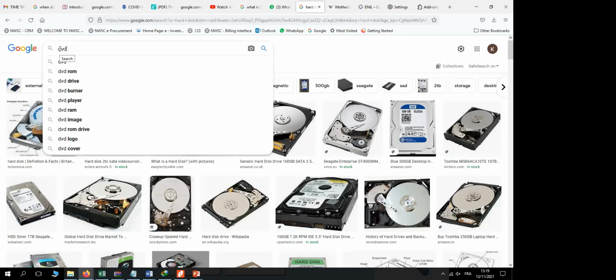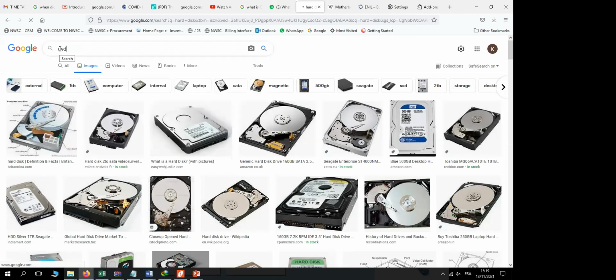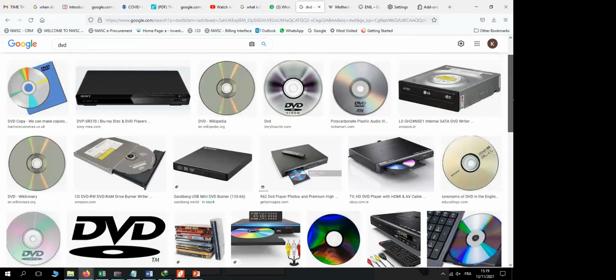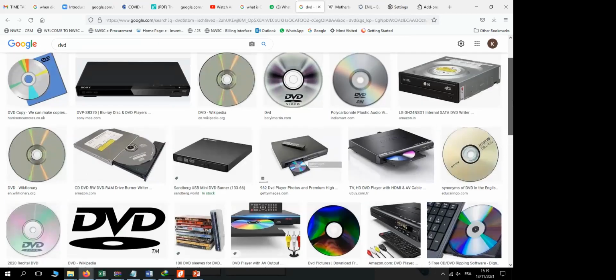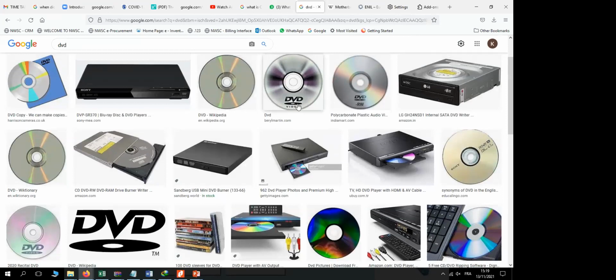How do you differentiate between the two? They are always labeled, okay? Just like what you are seeing on the screen right now, it's reading DVD, it's even labeled. And in most cases, even the manufacturer, you will be able to see who manufactured this disc in case you are specific on a brand.